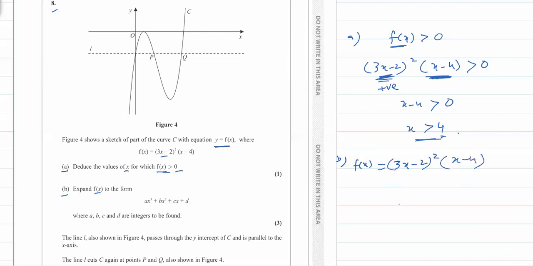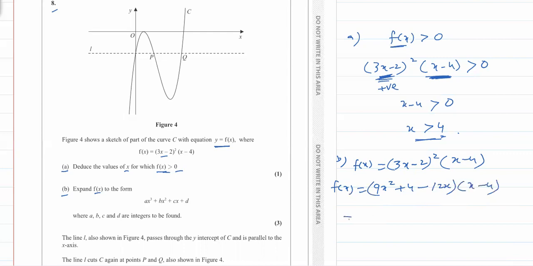Now first apply the (a minus b) whole square formula on this one. f of x will become 9x square plus 4 minus 2 into first into second. So 2 into 2 is 4, 4 into 3 will be 12, 12x, and into (x minus 4).